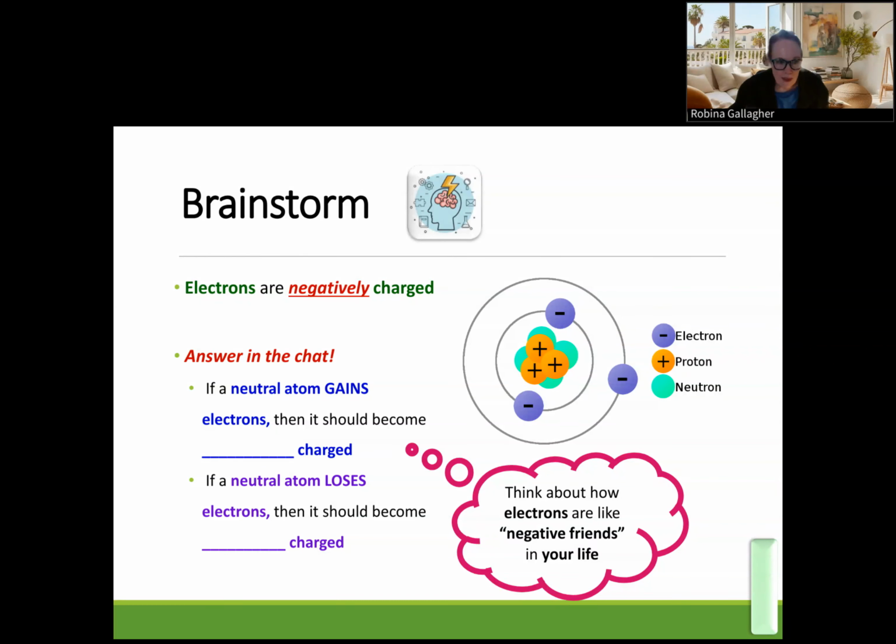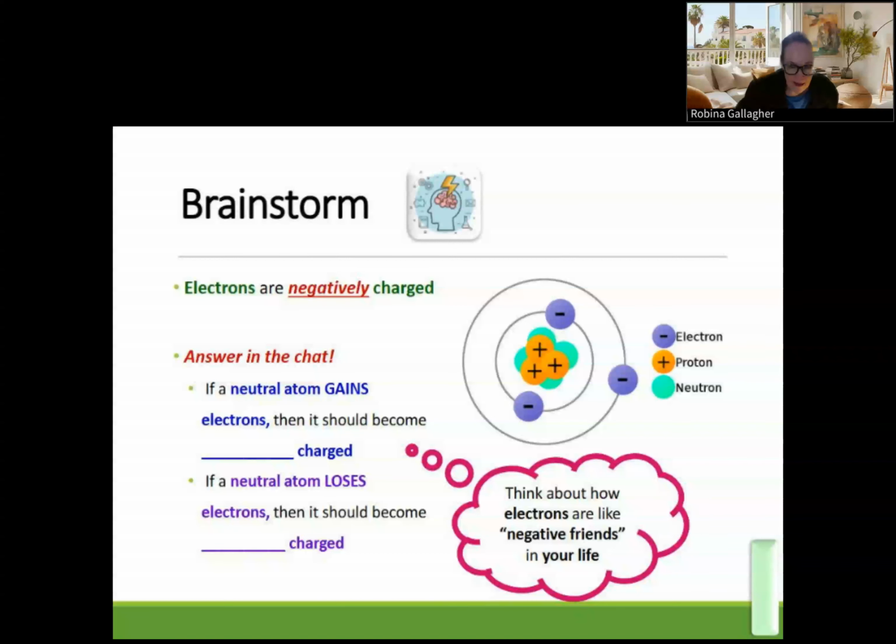So that means that if an atom gains electrons, it's going to have fewer protons than electrons. So it's going to have fewer positive charges and more negative charges.